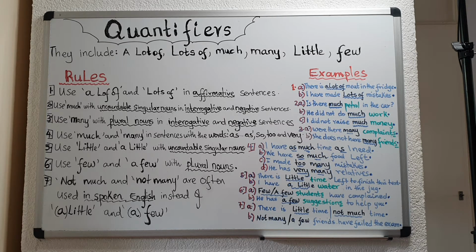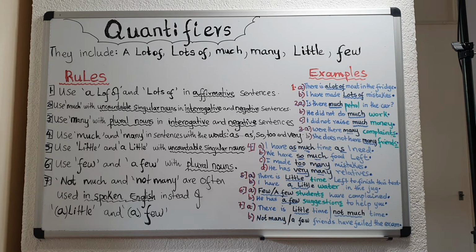Singular is one, plural is many. But also, you have to use much in interrogative sentences. Interrogative sentences are sentences in which you ask a question. And also, you can use much with uncountable singular nouns in negative sentences. In negative sentences, you deny something. You negate a fact. You negate a statement.